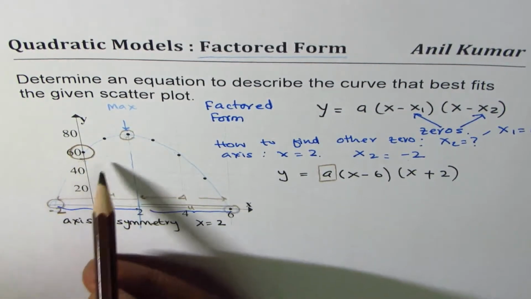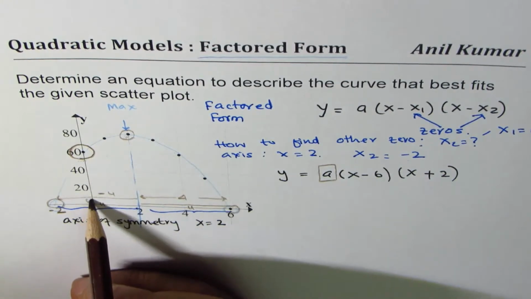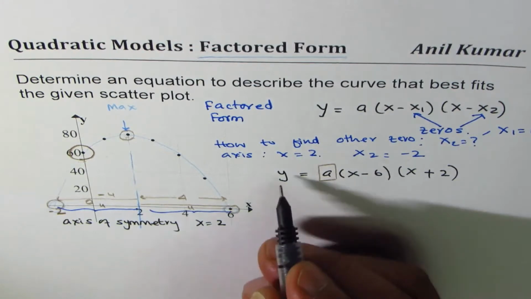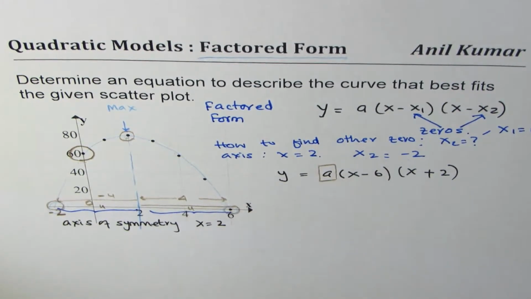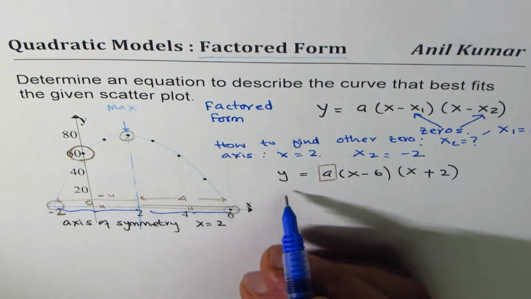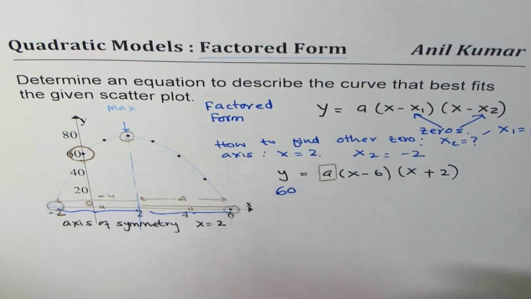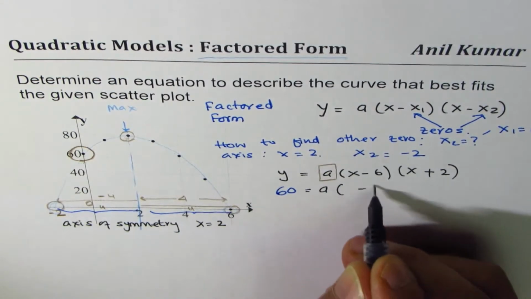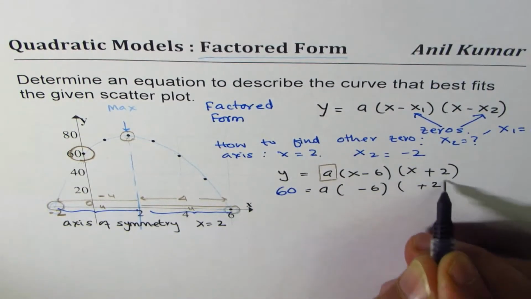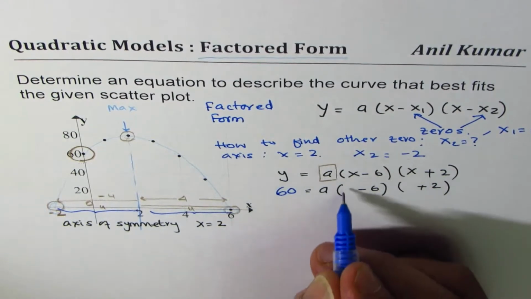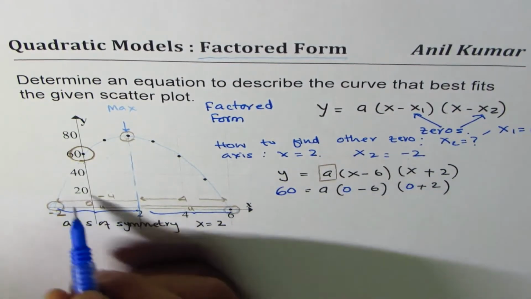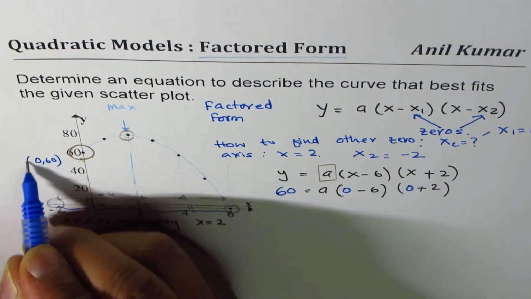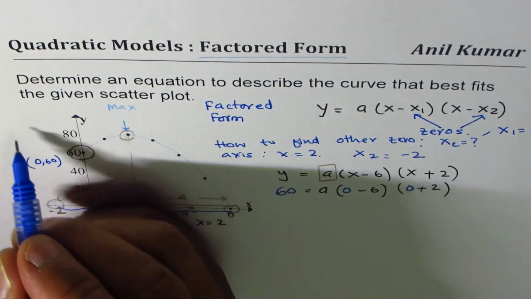Now we'll use the y-intercept, which is when x is 0, the value of y is 60. So we can replace y with 60 and x with 0 in our equation. This point basically is (0, 60), which is the y-intercept.